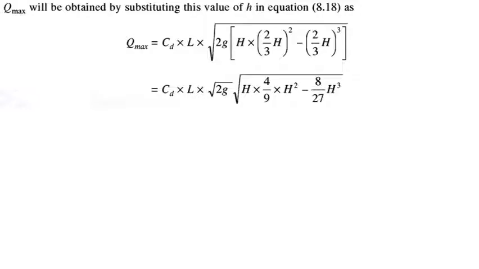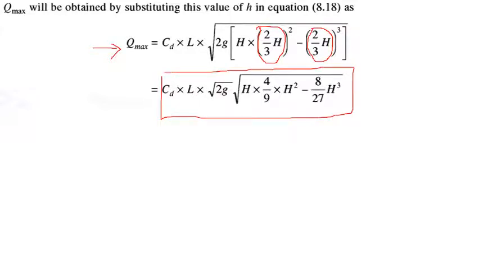So Qmax will be obtained by substituting this value of h in the equation. Qmax is equal to CD into L into square root of 2g into (H into (2/3 H) square minus (2/3 H) cube). This is the substitution for small h which we have made. Finally the equation becomes CD into L into square root of 2g into square root of (4 by 9 into H cube minus 8 by 27 into H cube).